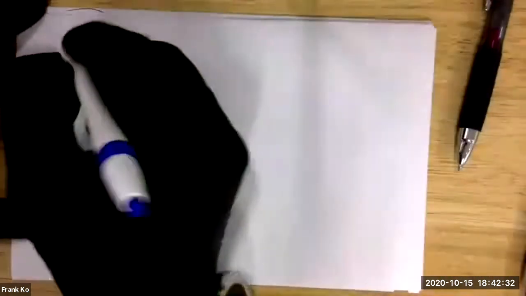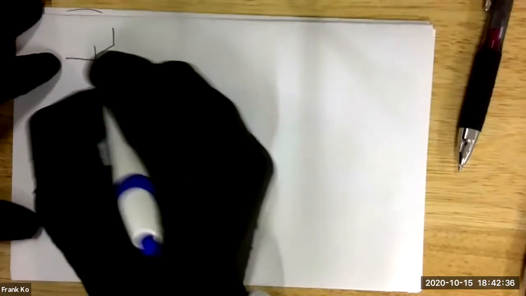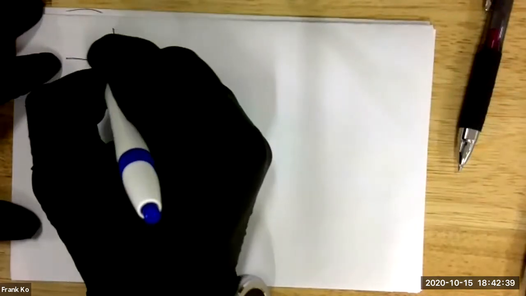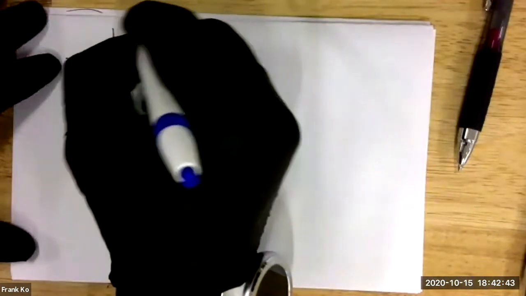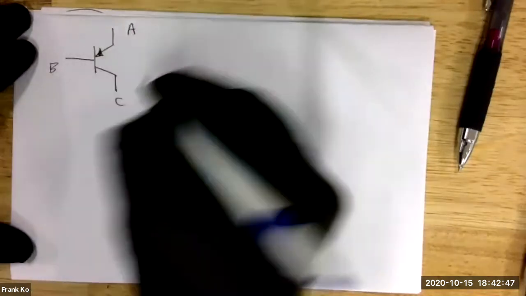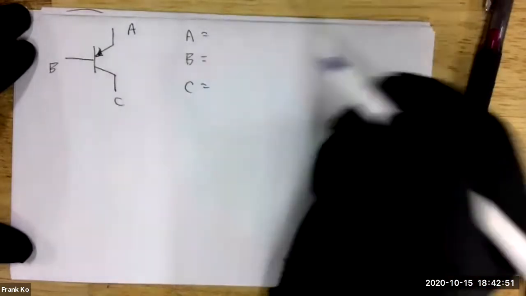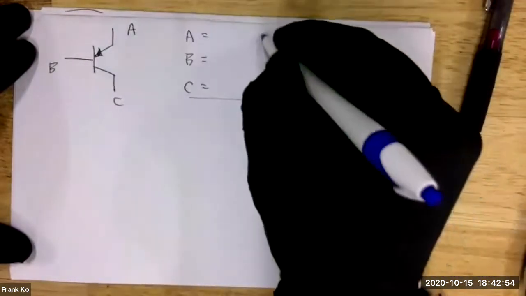Here's a quiz question. I'm going to draw this, and I'm going to put an arrow here, and I want A, B, C. So tell me A equals, B equals, C equals, and I'm looking for two things.